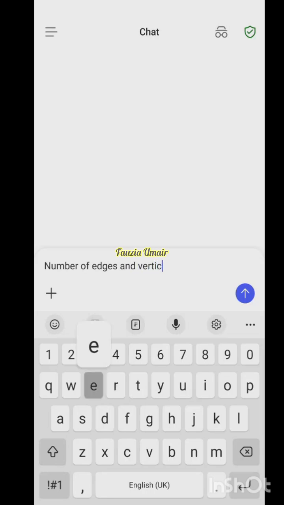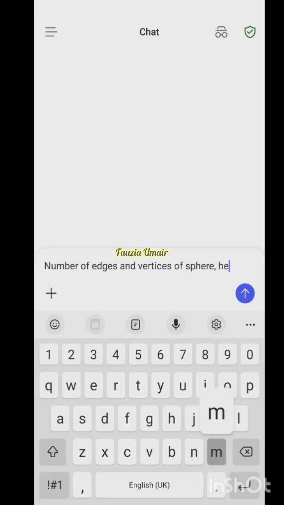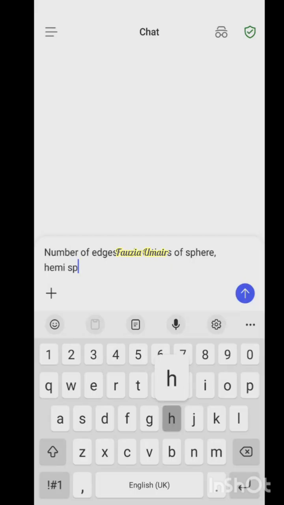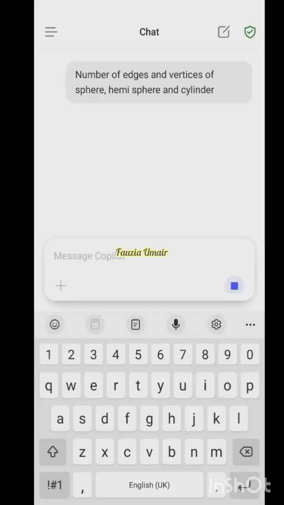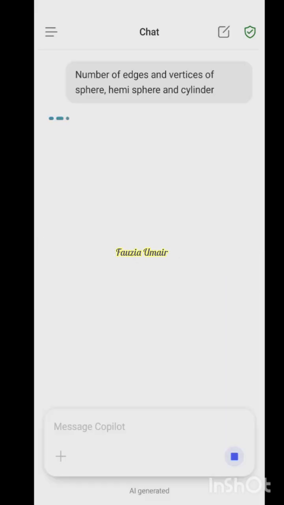Vertices are corners. Corners are not there for the cylinder, and the sphere also has no corner. The hemisphere and cylinder were left at the bottom. Let's confirm it one time. Because these are the facts, we cannot change them. We need to memorize them.